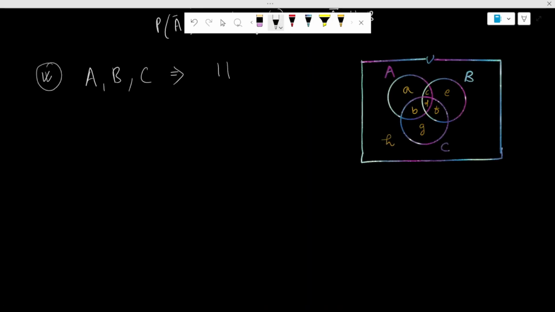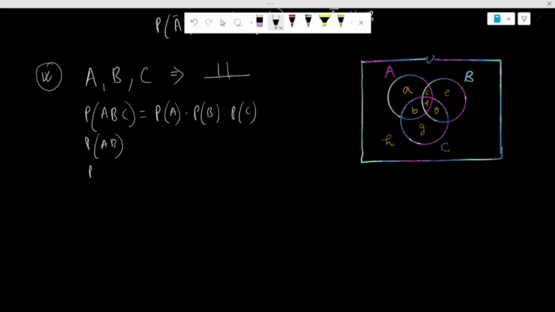So let us use this property. A, B, and C are independent. This means that the probability of A intersection B intersection C can be expressed as the product of their individual probabilities, and also the events A B, B C, and A C are independent.